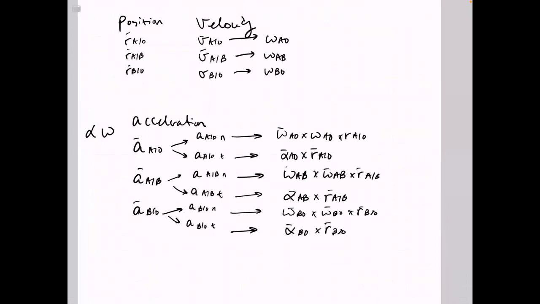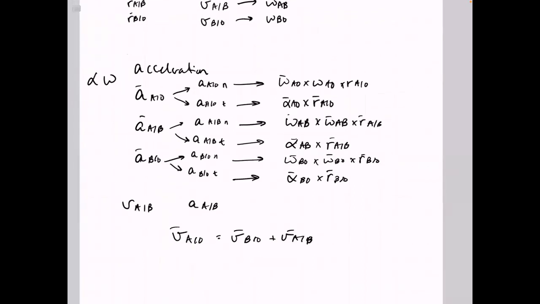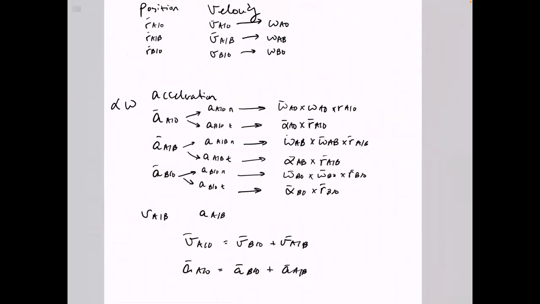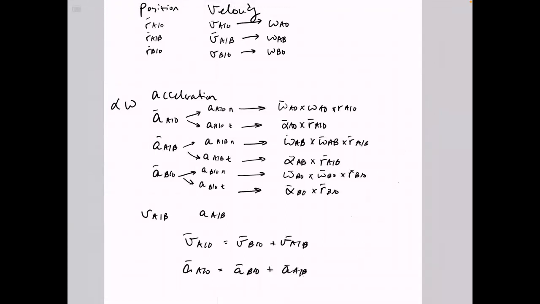In our case, we have written out A with respect to O and A with respect to B. So our relative equation that I would like to use is the velocity of A with respect to O equals the velocity of B with respect to O plus the velocity of A with respect to B. And the acceleration of A with respect to O equals the acceleration of B with respect to O plus the acceleration of A with respect to B. And plugging all of these things into these equations, symbolic solver, solve it out.